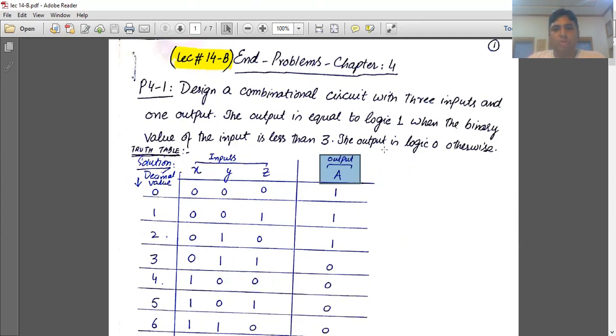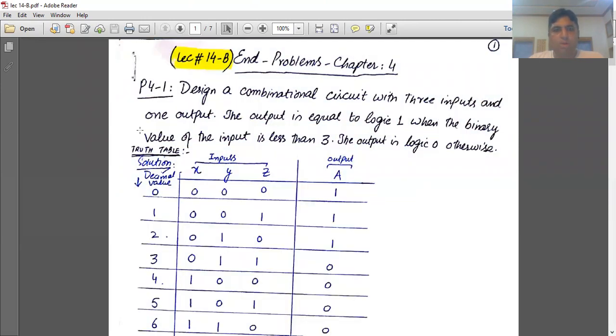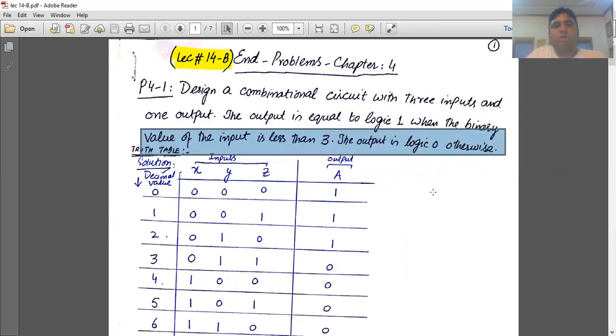What is the relation of output with the input? The output is equal to logic 1 when the binary value of the input is less than 3, and output is logic 0 otherwise. Less than 3 means the decimal equivalent of the input is less than 3. I have written the decimal values of the inputs here.